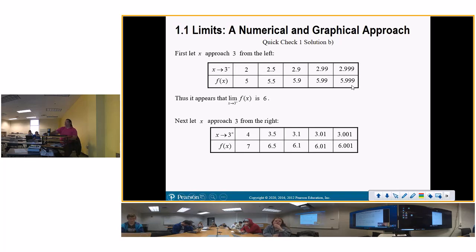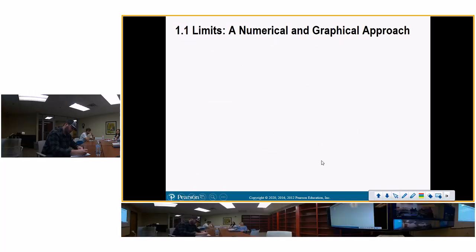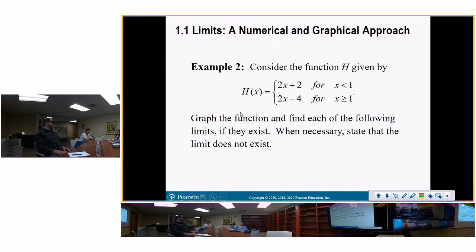Remember me telling you the limit was 6? Well, they're showing you here how that's happening. But what they're going to do is show you algebraically in a second, hopefully taking out the algebra and factoring it out.